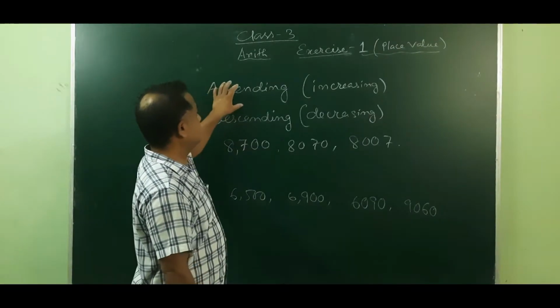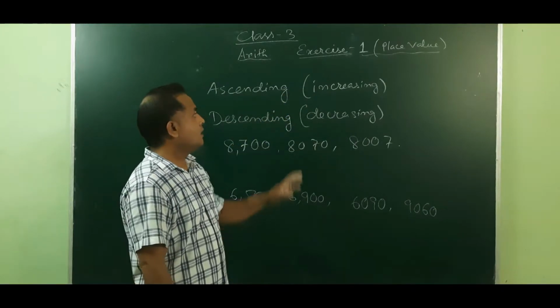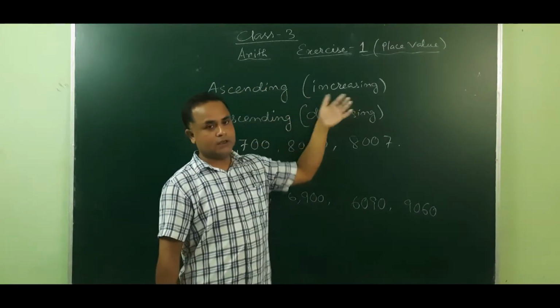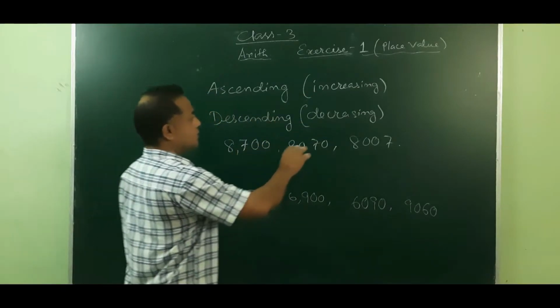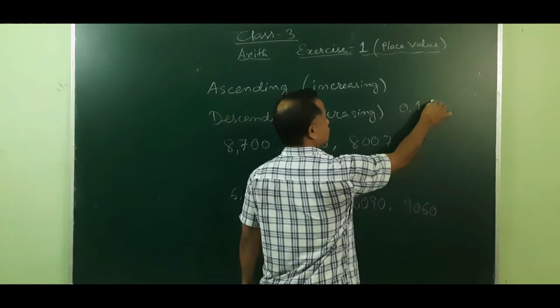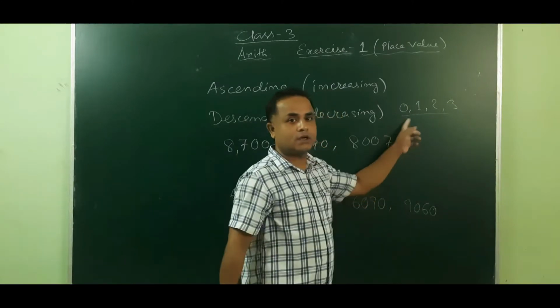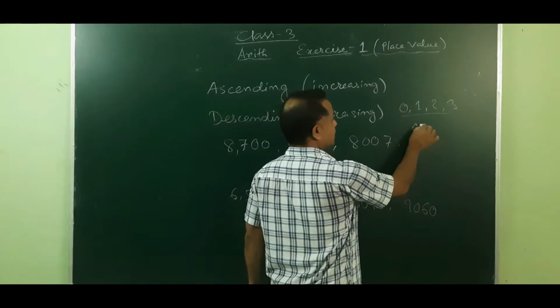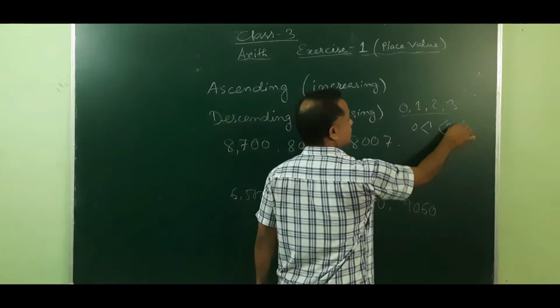Next we will see ascending and descending orders. Ascending means increasing; it will go on increasing. Suppose, in our simple example we say 0, 1, 2, 3. These are in ascending order. That means the number goes on increasing. So 1 is greater than 0, and 2 is greater than 1, right?